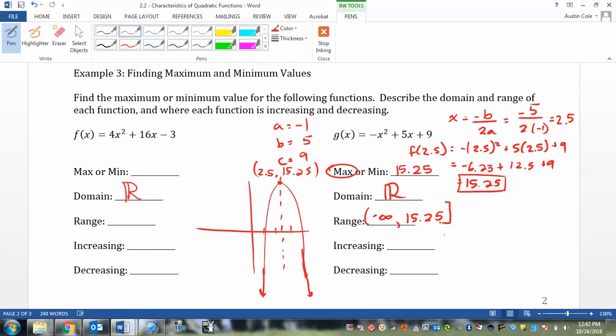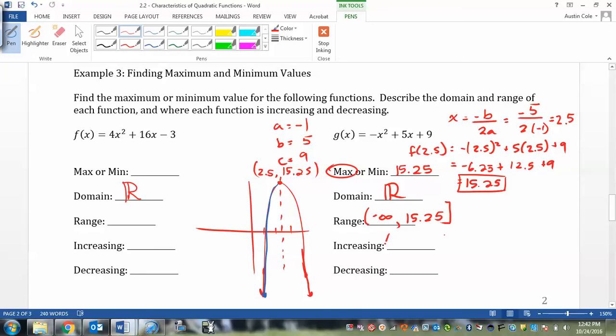Okay? The next idea is, where is the graph increasing? Meaning, where is the slope positive? Where's it going uphill? Would you guys agree it's going uphill on this part of the graph? Isn't that going uphill from left to right? We're always going left to right. So we're increasing from which two numbers?